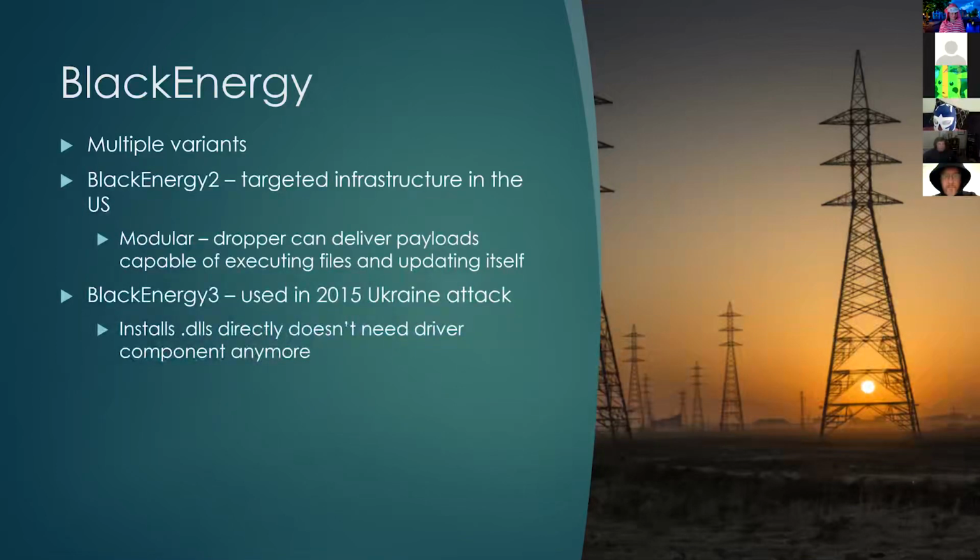And Black Energy has continued to evolve. Black Energy 2 had a dropper that would deliver the payloads. Black Energy 3 just directly installs the DLLs. It doesn't need the dropper component anymore. And I haven't heard of it being used recently, but it is still out there.